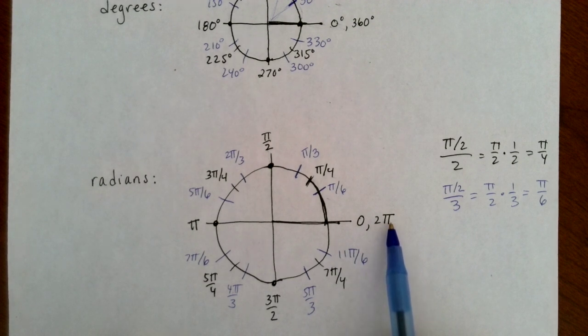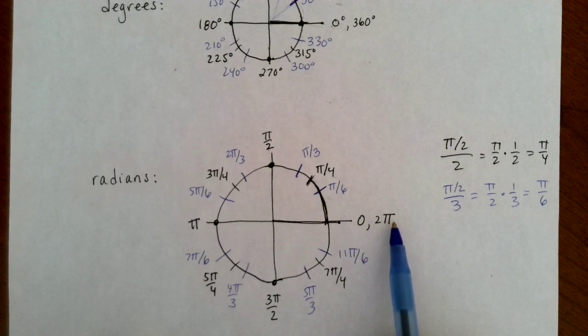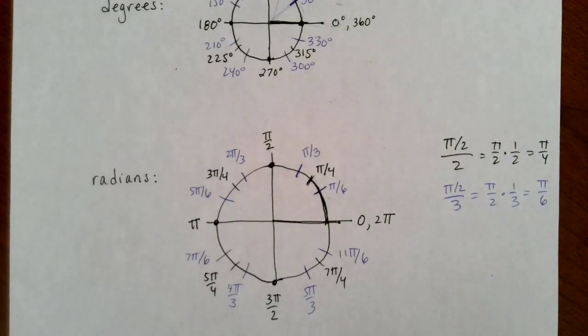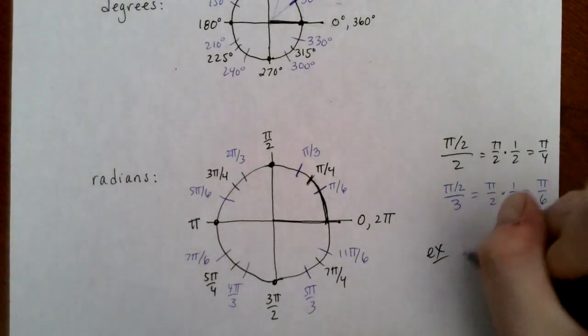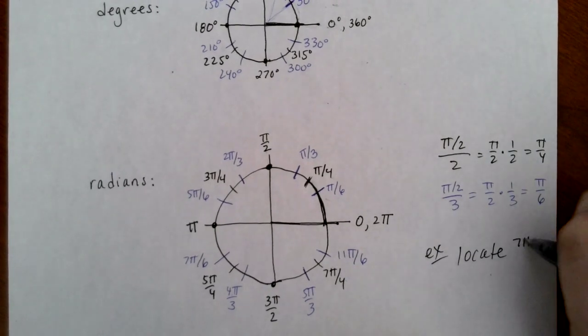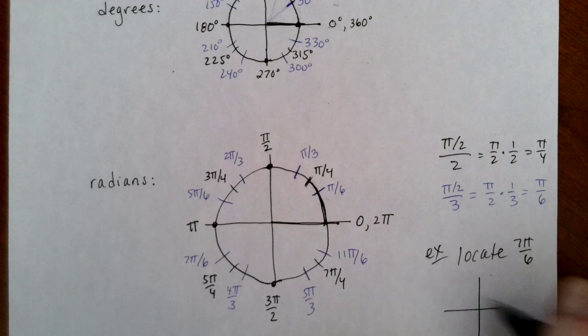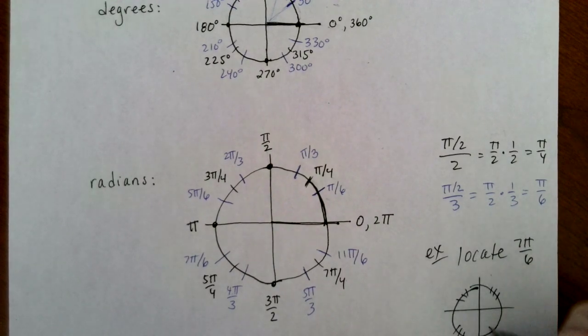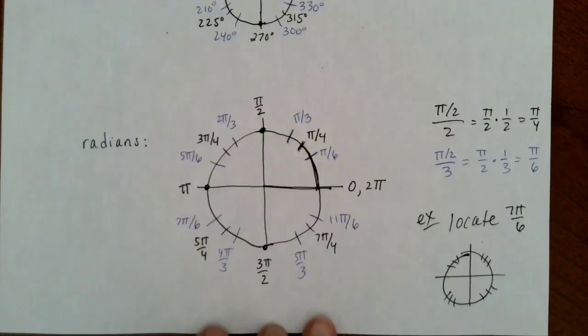So in this class, as annoying as they are, we're going to focus on radians, again, because of the calculus stuff that we have coming. So the way we're going to use these is, for example, if I say locate 7 pi over 6, I'm going to draw a little unit circle, and I know I have 3 tick marks in each quadrant.